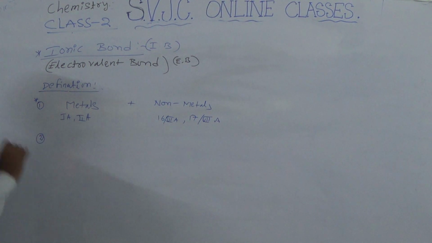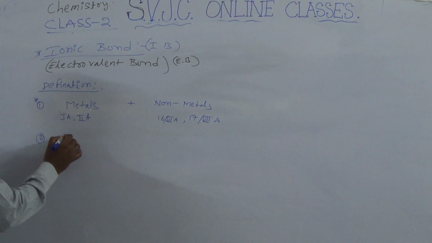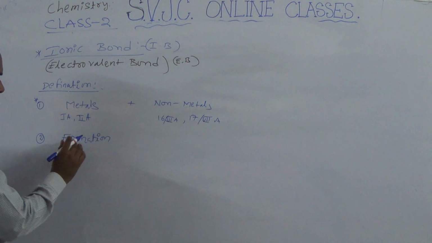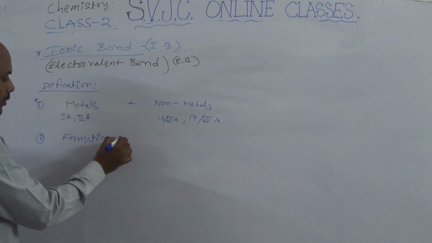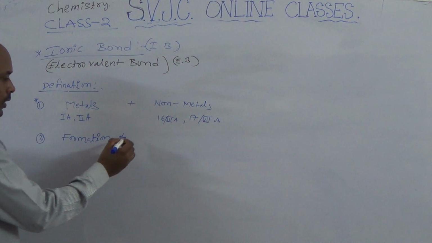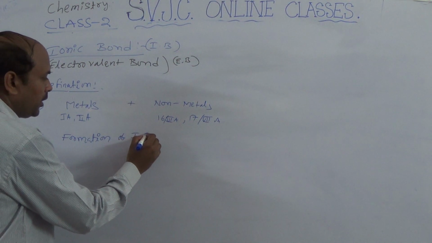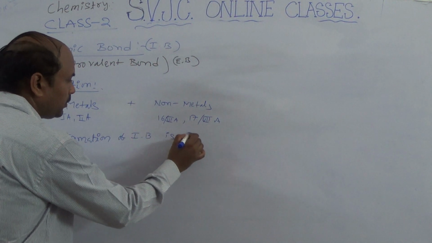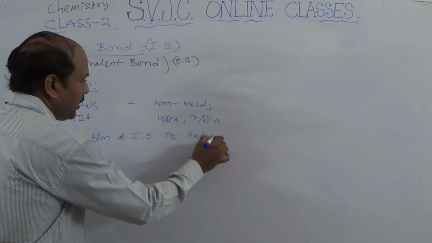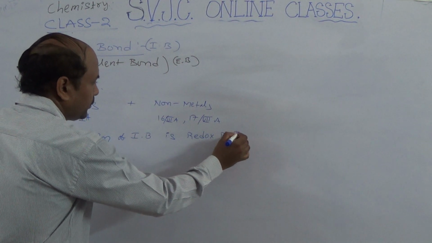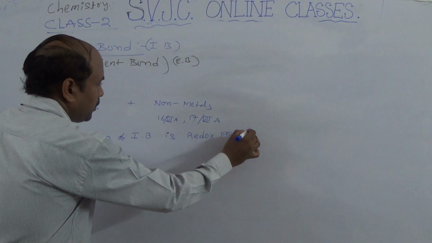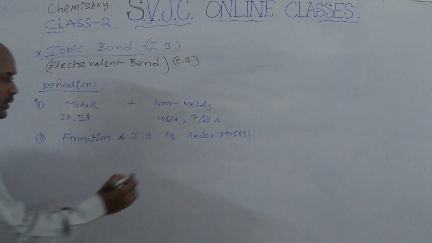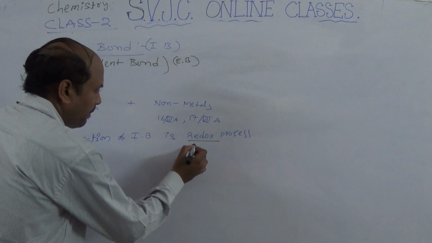The second point is that formation of ionic bond is a redox process. I think you know the redox process.